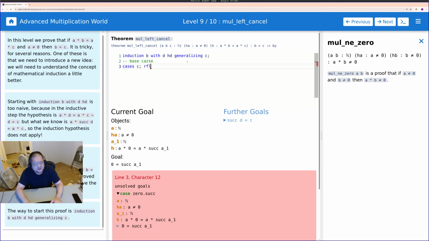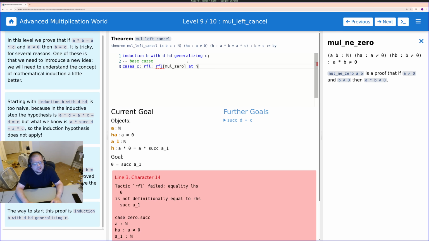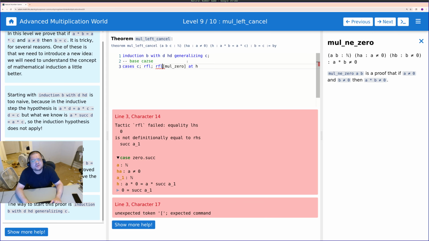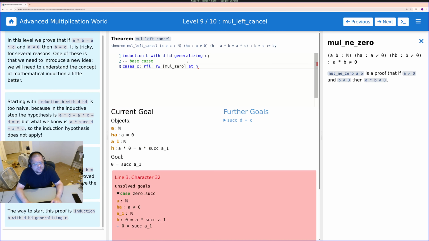If C is not equal to 0, okay, so we should be able to get a contradiction out of that.